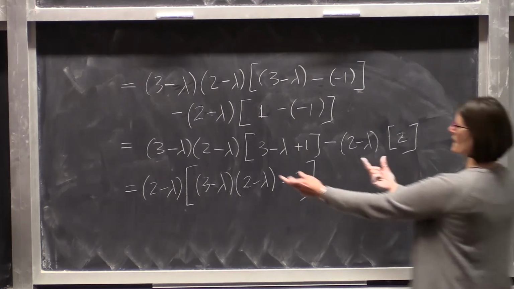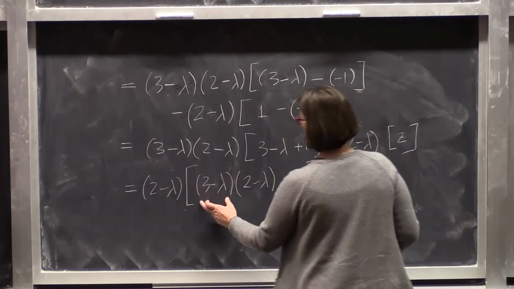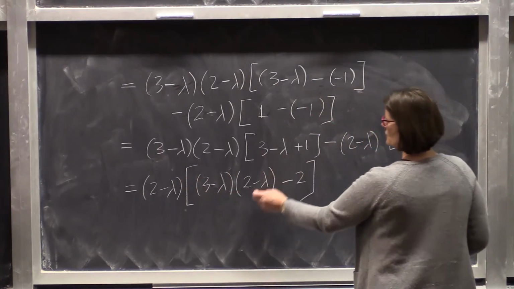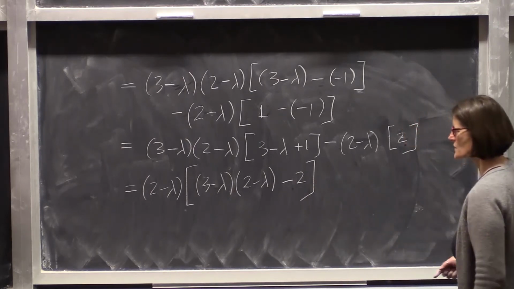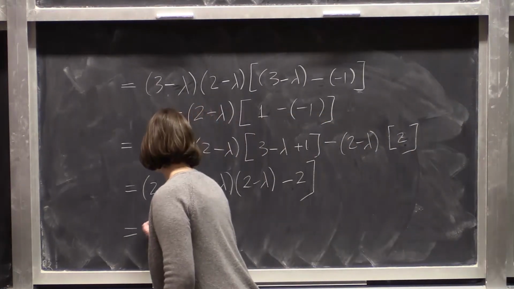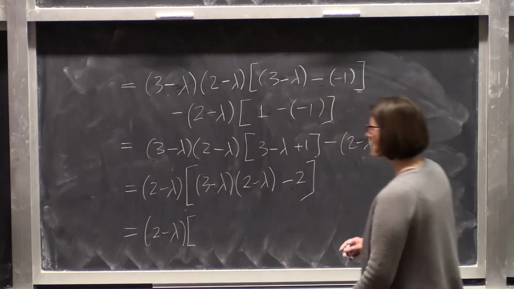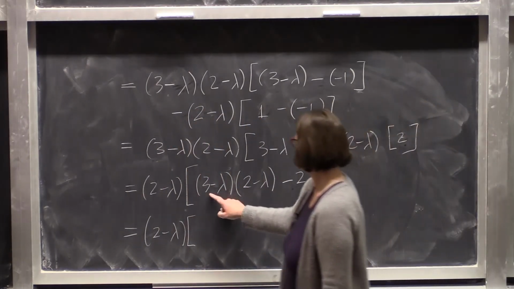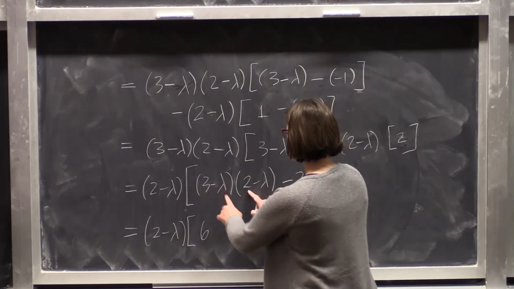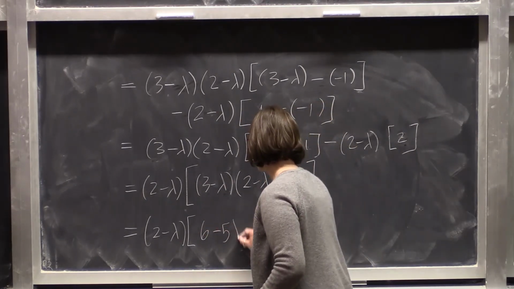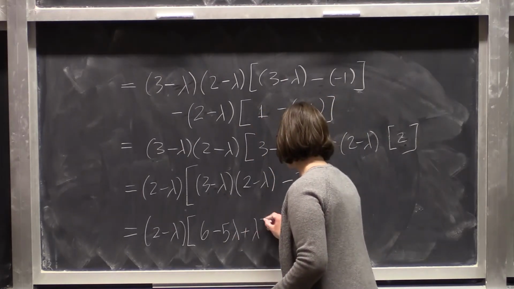So here I just pulled that 2 minus lambda out, which was my goal. I left behind a 3 minus lambda. This became a 2 minus lambda. This became that minus 2. 2 minus lambda times. Now at this point I have to actually expand out. So I get 6 minus 3 lambda minus 2 lambda is minus 5 lambda. Minus lambda times minus lambda is lambda squared.